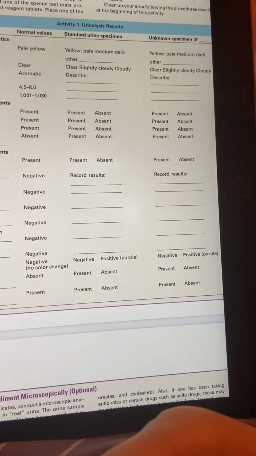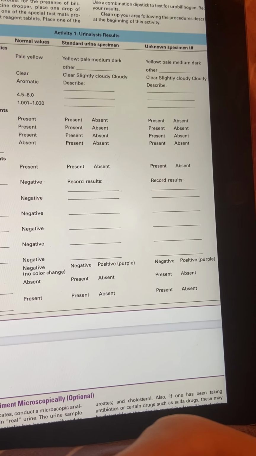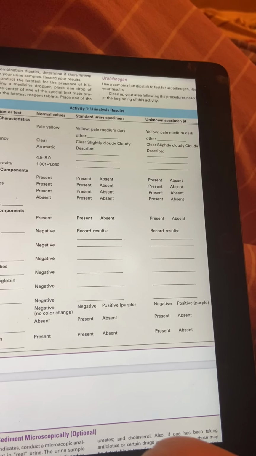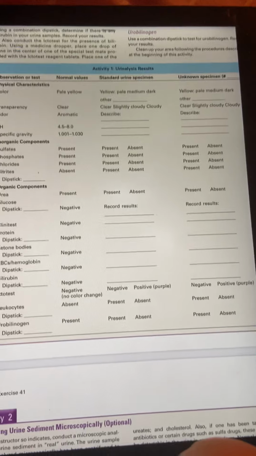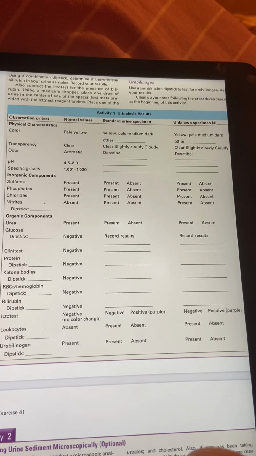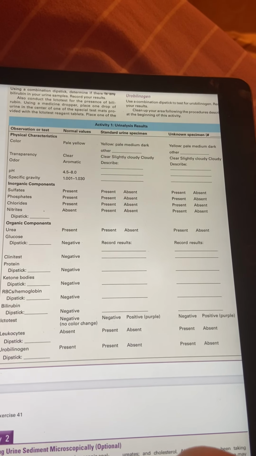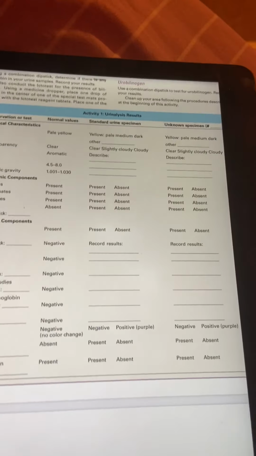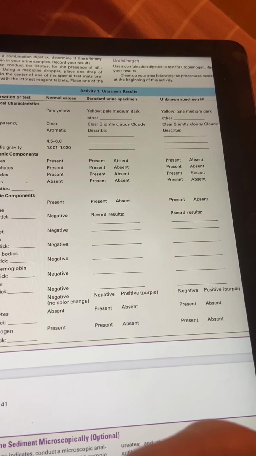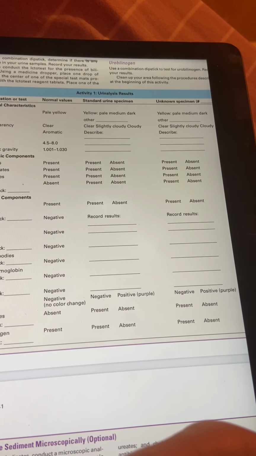Next, for diabetes. Diabetes has nothing to do with these sulfates, phosphates, chlorides, and nitrites. So it should have present, present, present, absent. Do you follow me when I say present, present, present, absent? Do you know what I mean?